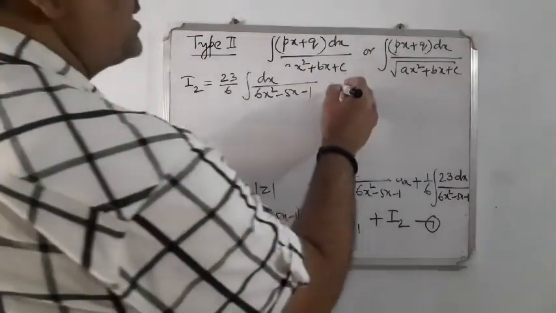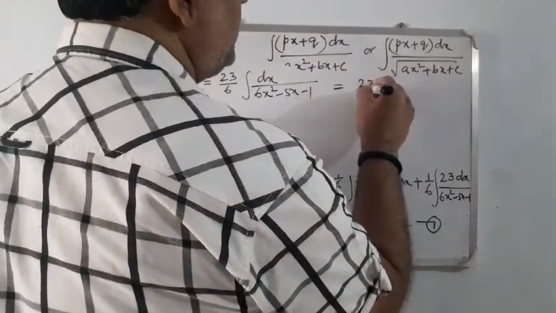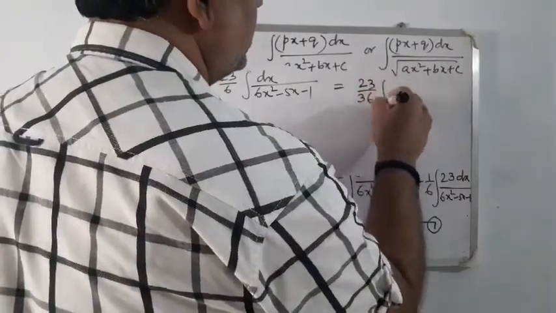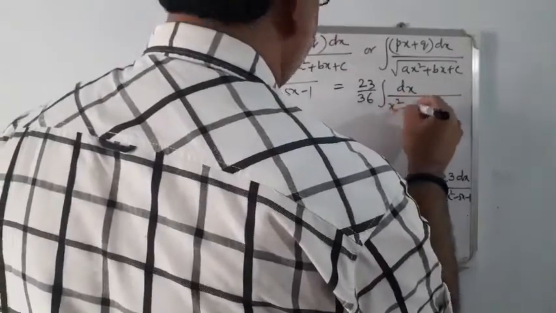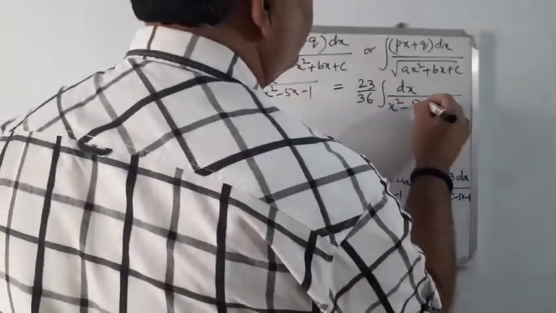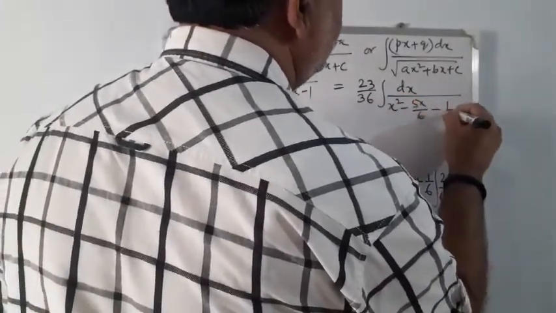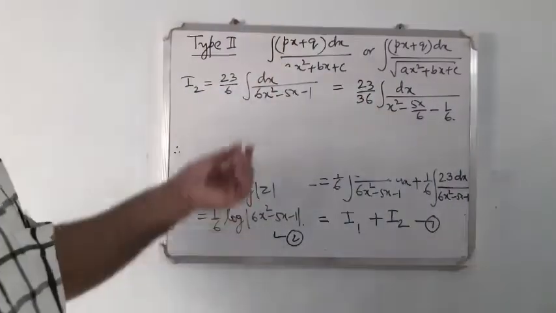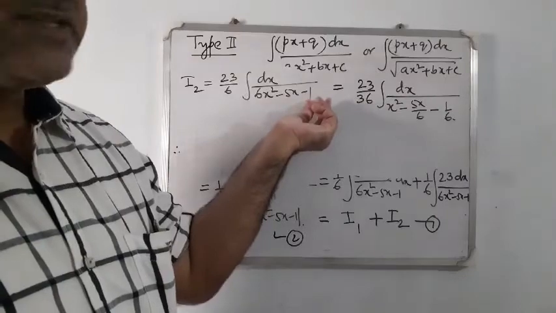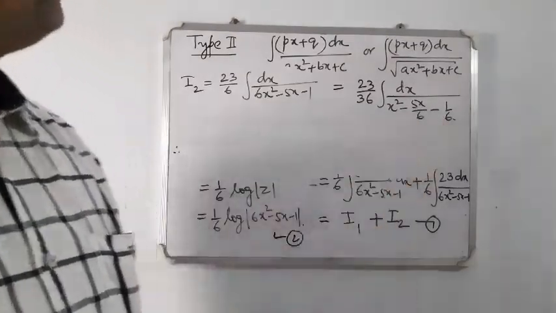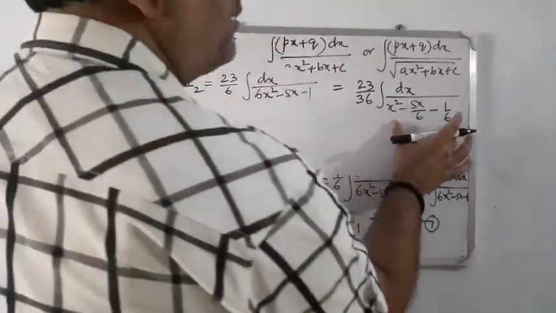So what happens? This is equal to 23 by 36 integral dx by, that is x square minus 5x by 6 minus 1 by 6. So if you have taken 6 common, it becomes x square minus 5x by 6 minus 1 by 6. So you have written here. Now we will try to make it a perfect square.